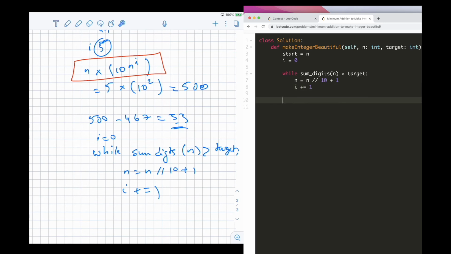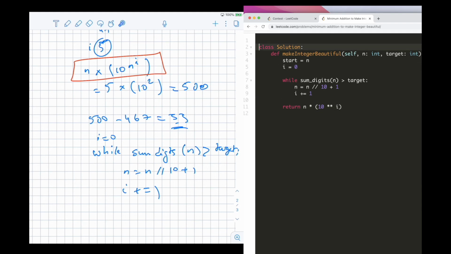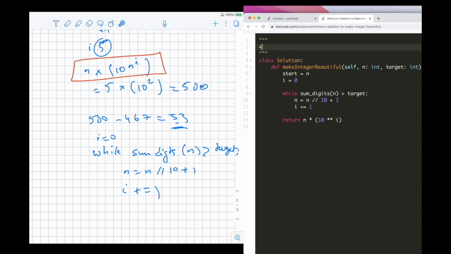And then here, once we are here, that means the sum of digits is smaller or equal to target. So we have a valid n now. So we just need to get the x value, which is just n. We need to multiply it by 10 to the power of i, right? This is so that, this would be 5 in the example of 467, right?